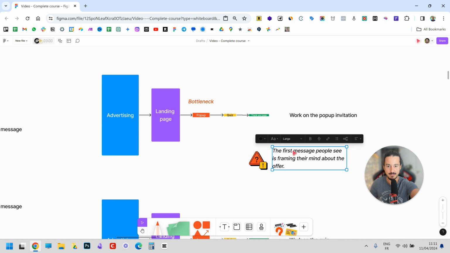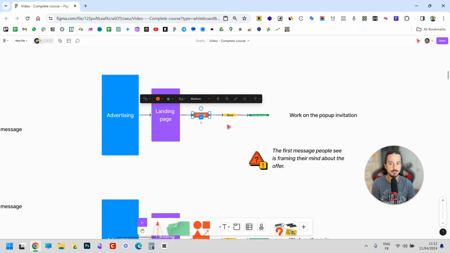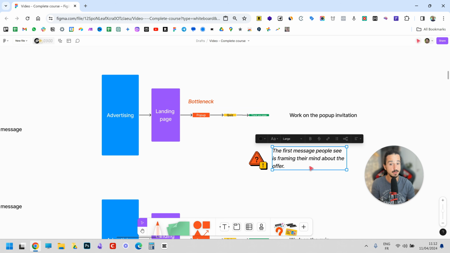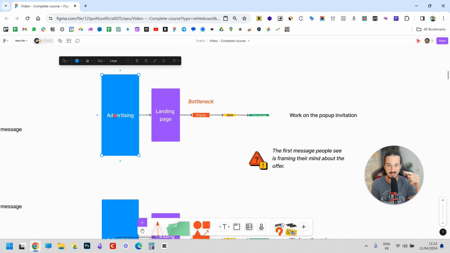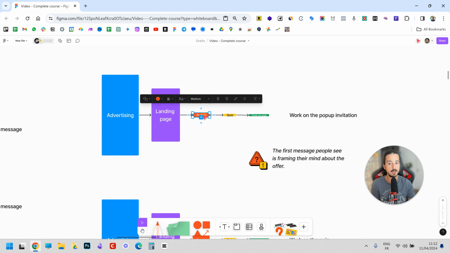a little disclaimer: if that is your case, it is also possible that it is not only from the pop-up, because the first message people see is framing their mind about the offer. Sometimes people would see something in the advertising and already have an image of what they think they will find. It's still interesting, but when they see the pop-up, they don't go further.